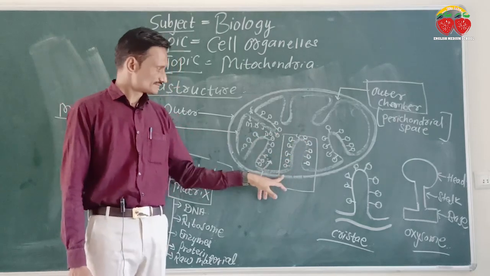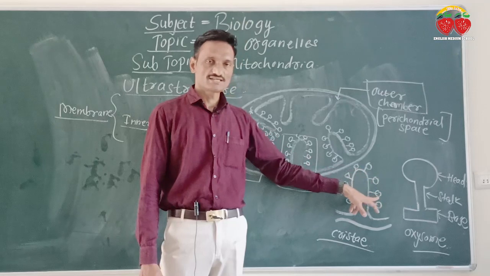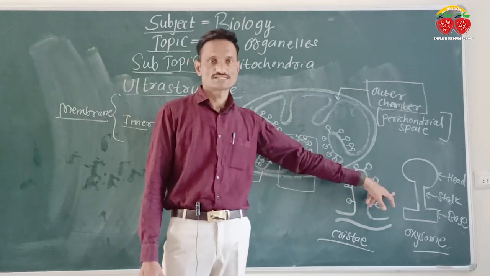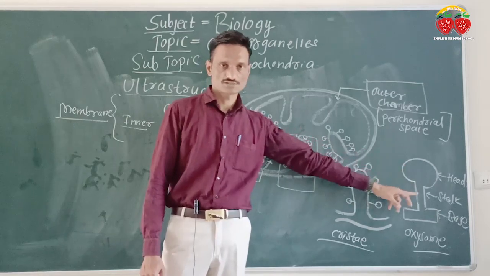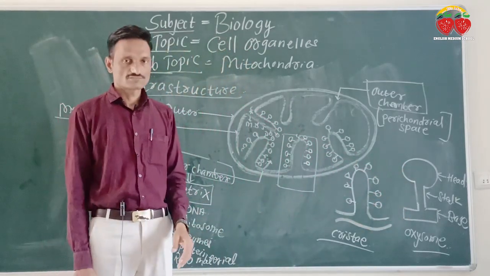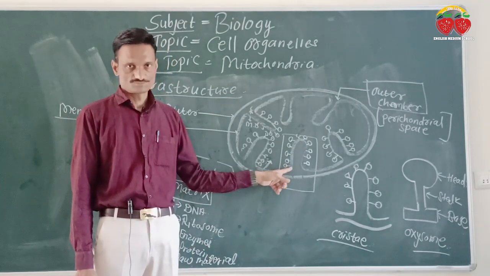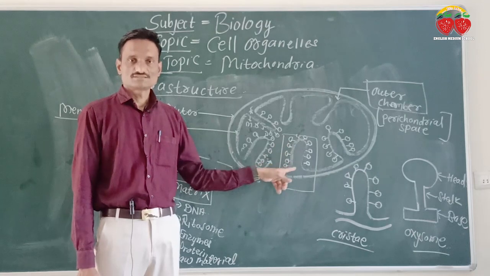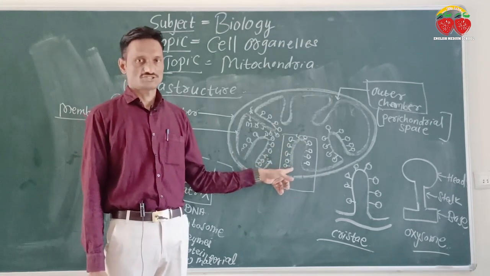How are the cristae formed? Each crista has a number of pin-head-like structures that we call F1 particles or oxysomes. Each oxysome has a globular head, a middle stalk, and a base. And what is the function of the F1 particle? At their base, the ATP synthase is present, which contributes to the synthesis of ATP during oxidative phosphorylation.